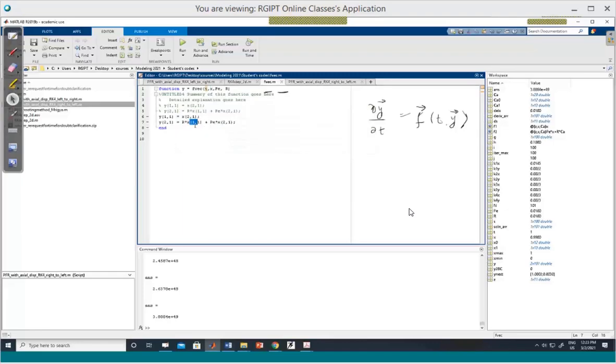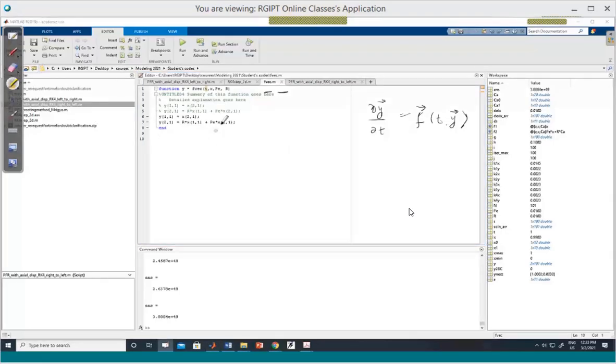So this one is my derivative and this is my value. This is Ca and this is Ca star. So R into Ca plus Peclet into Ca star, and this is Ca star. These two values are returned.